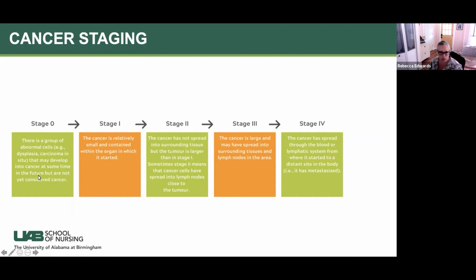The probably most common example of this would be a colon polyp that is removed on colonoscopy, which is really the whole purpose of having a colonoscopy. It might be also a very early dysplastic change in breast tissue that would be removed with a lumpectomy. And that should be that.